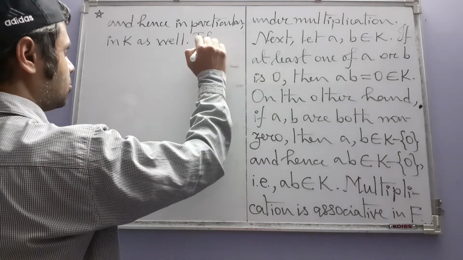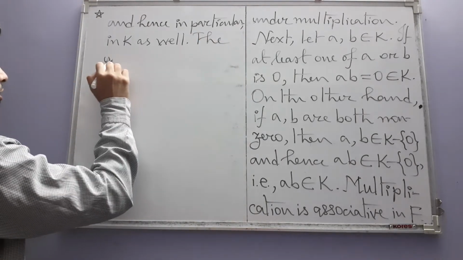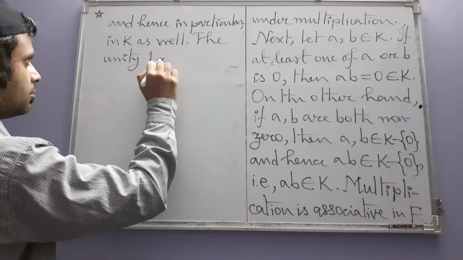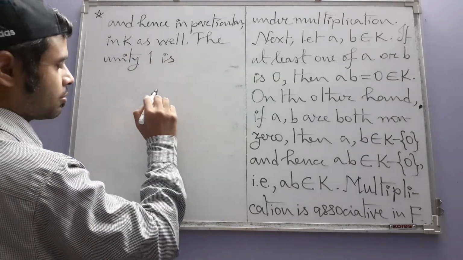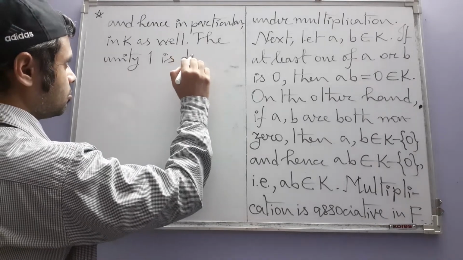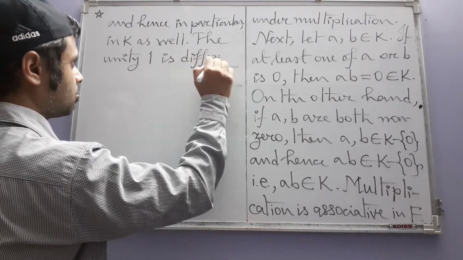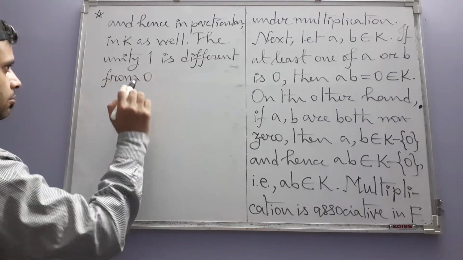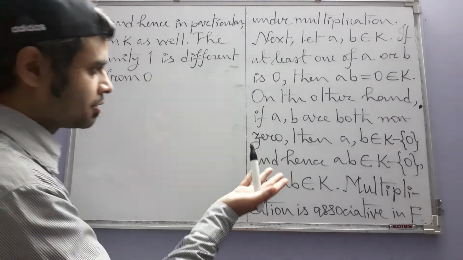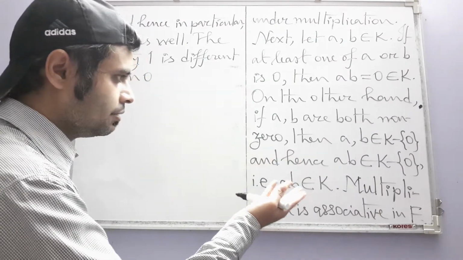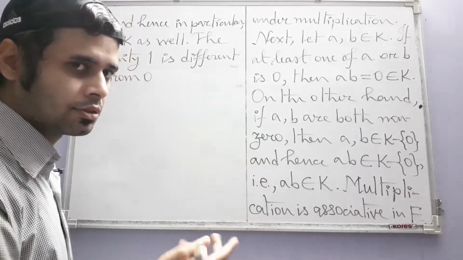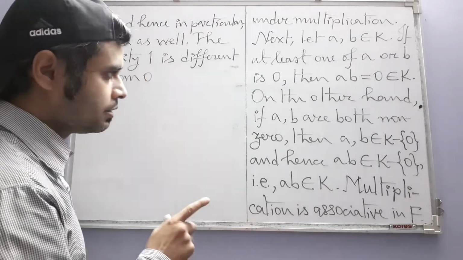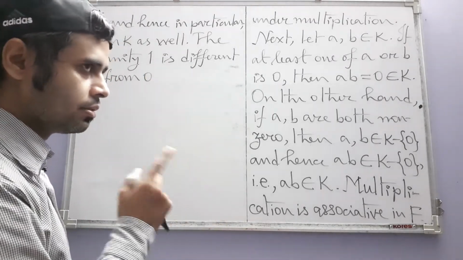The unity 1 is different from 0, and this fact of course is coming from the fact that in any field, in fact in any ring also, in this book, whenever there is a unity in the ring, it is by definition different from 0.